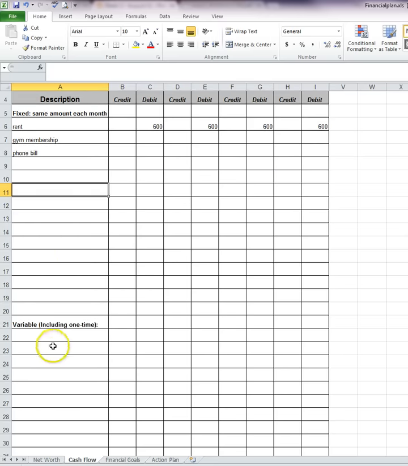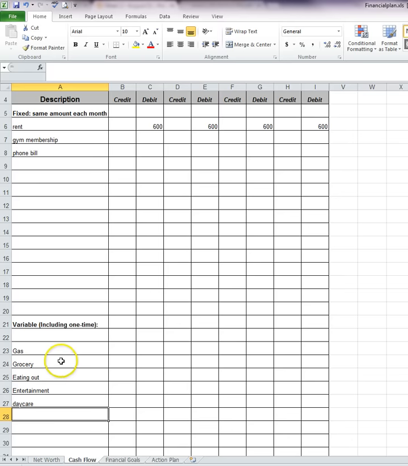Next, I want to compare that to variable costs. Actually, contrast that. Variable costs do change every month, and they might include gas, okay? And grocery, and eating out, entertainment, daycare, everything you spend money on.